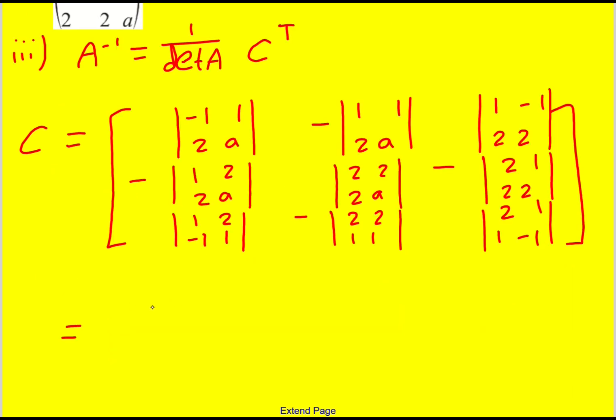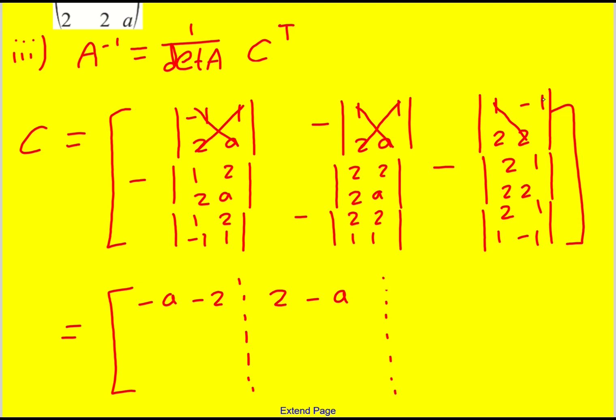Okay, let's work out what that is. I've got minus a, minus 2. Then a minus 2, but I'm doing the minus of that, so actually I'll get 2 minus a. Then 2 minus minus 2, that will give me 4.